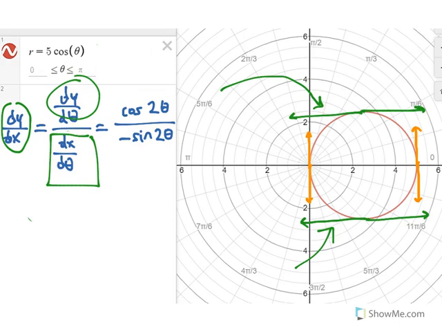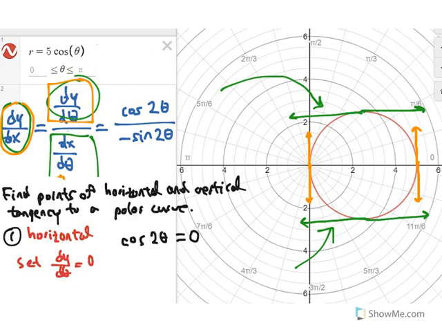And then to find where you have vertical tangent lines, you can consider dy/dx. For the slopes of the tangent lines to be undefined, the denominator has to be 0, while the numerator cannot be 0. So that's how you find points of horizontal and vertical tangency to a polar curve. So let's go through the process.